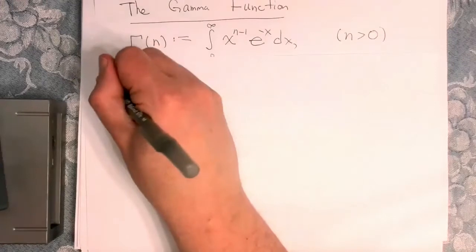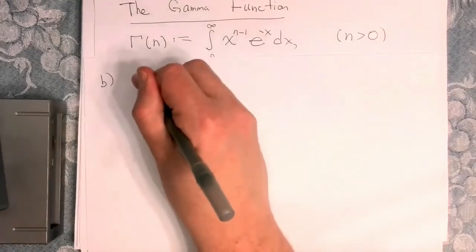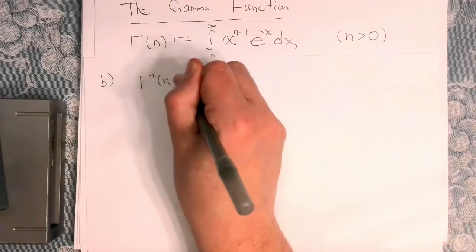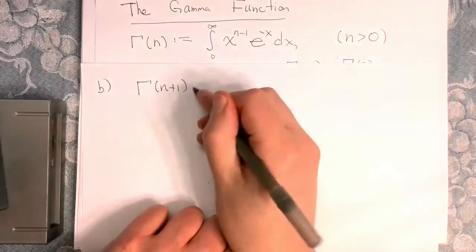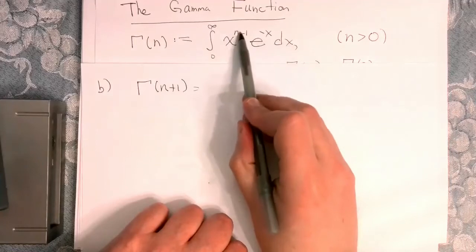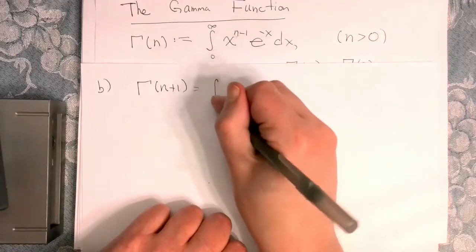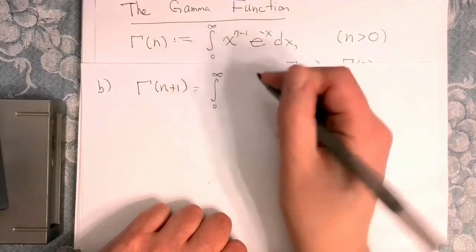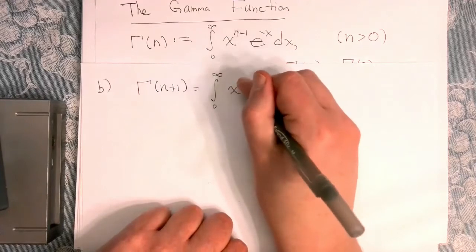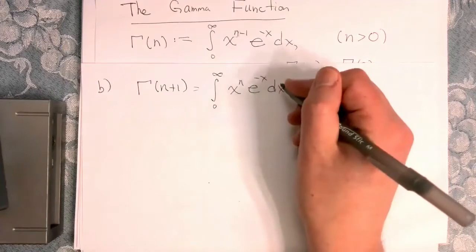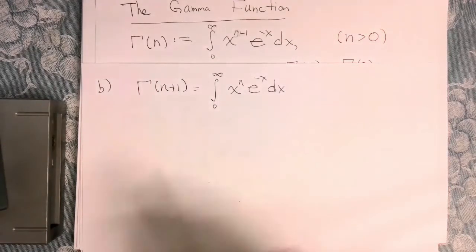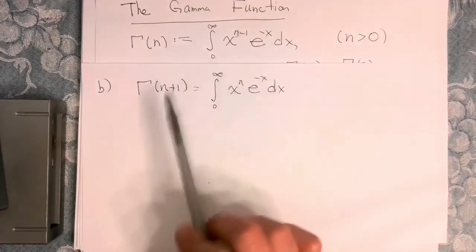And so for part B, we wanted to look at gamma of n plus 1. Okay, so that just means I'm plugging n plus 1 in for n. So this will be the integral from 0 to infinity of x to the n e to the minus x dx. In fact, a lot of people work with this form of the gamma function.